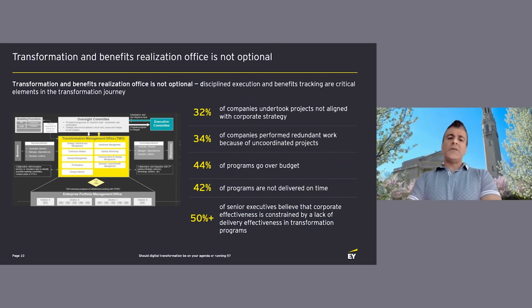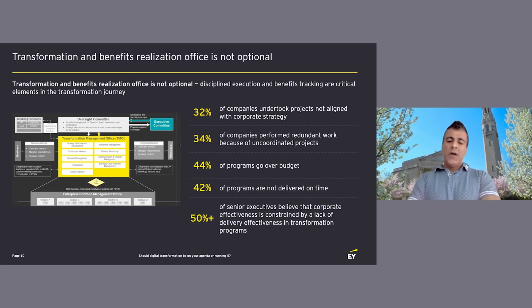The next point is the importance of a transformation and benefit realization office. This is not your traditional PMO. This is a dedicated cross-functional enterprise-wide team that not only focuses on a programmatic and disciplined approach to transformation, but also benefit realization.